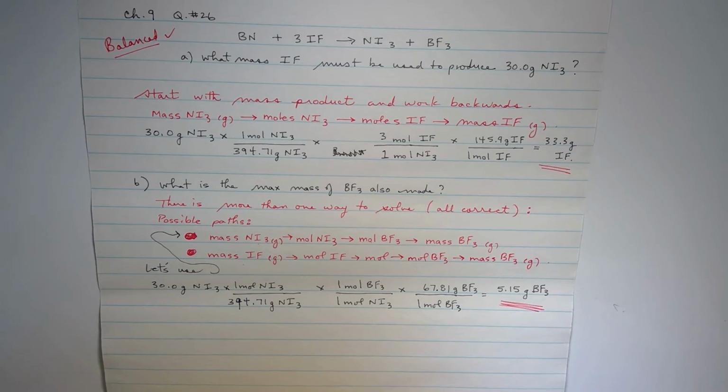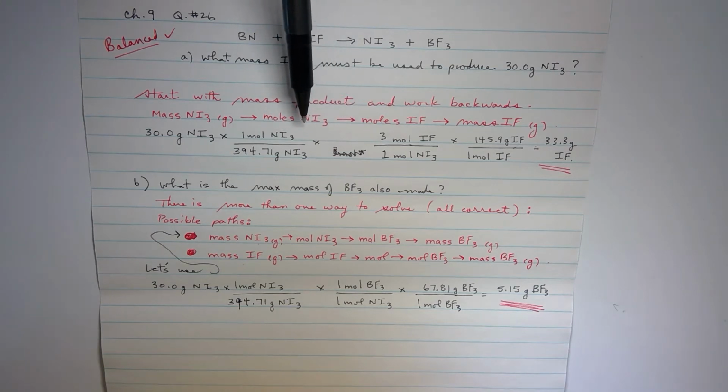So we'll start with 30 grams and say, well, I can't work in mass ever, so I'll take this mass and convert it to moles. And then once I have the number of moles, I'm using the molar ratio up here. So once I convert the 30 grams to a number of moles, I'm not going to calculate it, I'm just going to keep going.